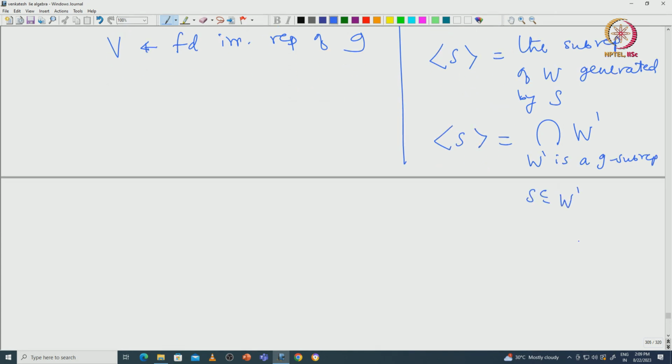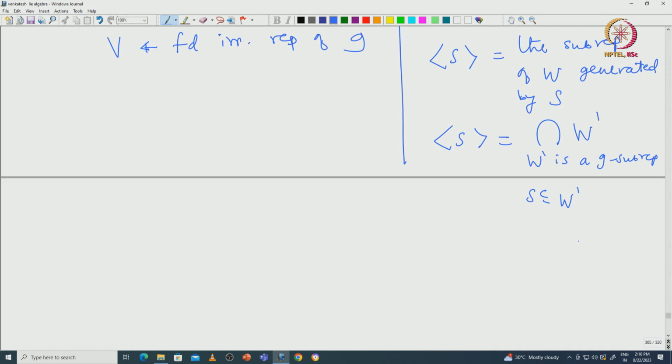So, it is not hard to see that the intersection of any family of G sub-representations will again be a sub-representation, and if S is contained in each W dash, then it is clear that S will be contained in the intersection of the W dash.